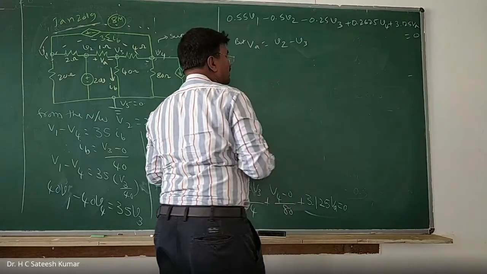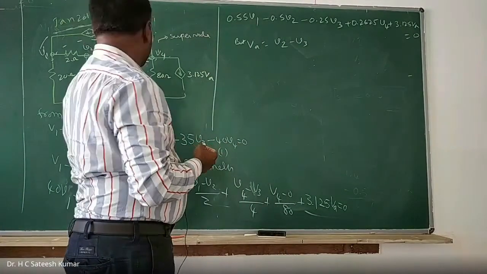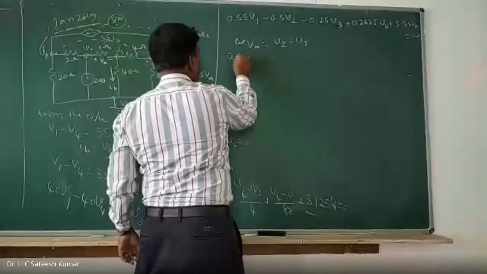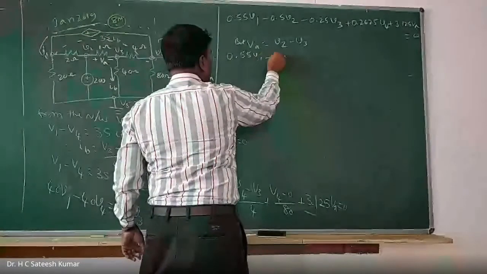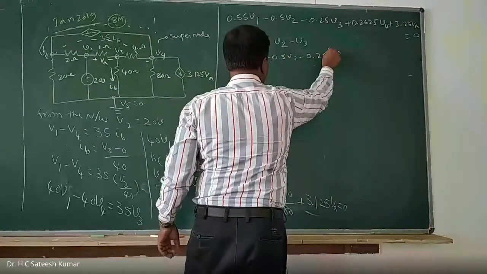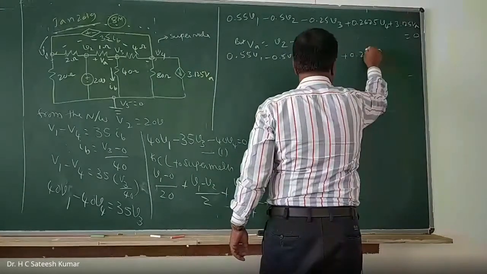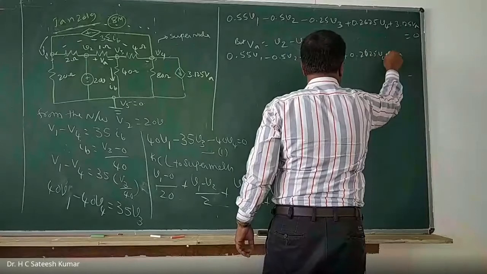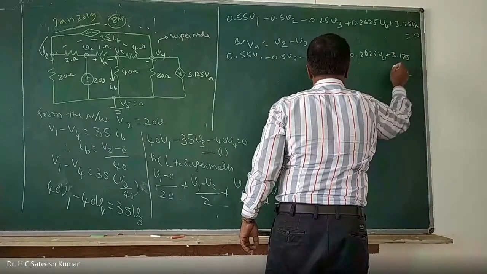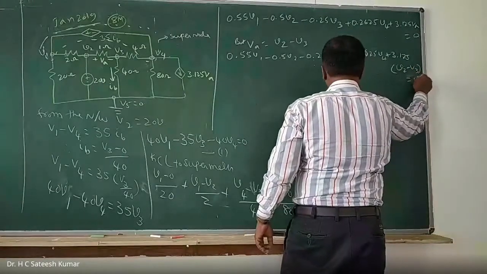Substitute in that equation V2 minus V3 for VA, and eliminate V2 also later on. 0.55 V1 minus 0.5 V2 minus 0.25 V3 plus 0.2625 V4 plus 3.125 into (V2 minus V3) is equal to 0.